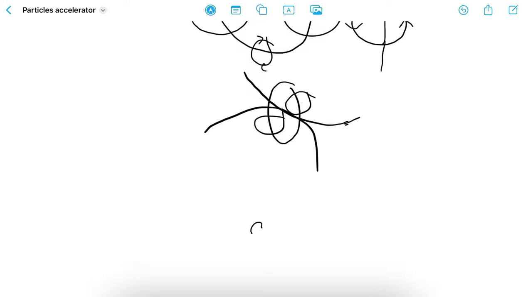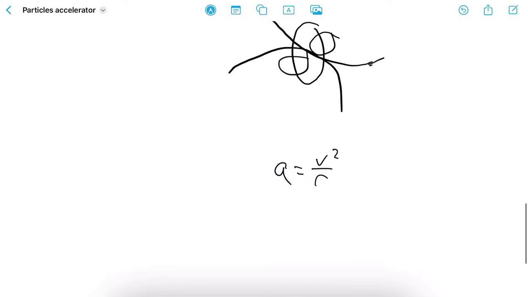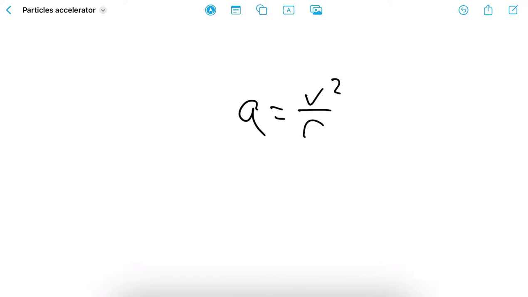And if you want to see why, here are the formulas.